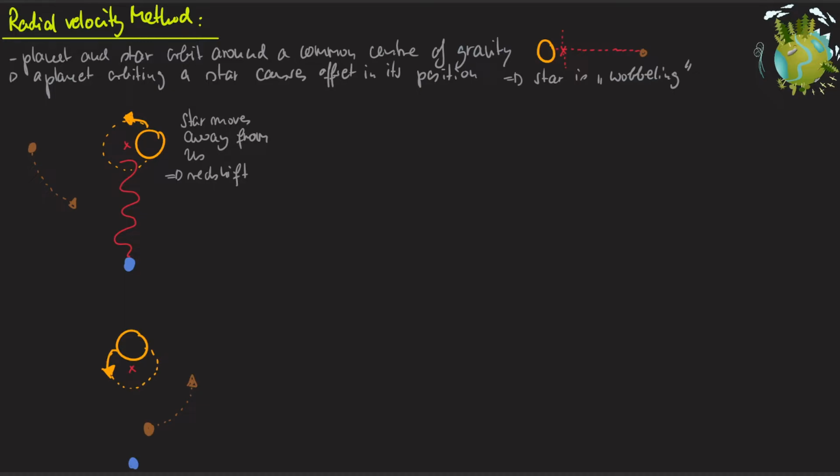And now we're observing that the star suddenly is not moving away from us anymore, but towards us. Which means the opposite. So instead of redshifted, it's getting blueshifted. So the light is not stretched anymore, it's shifted towards the blue end of the spectrum.